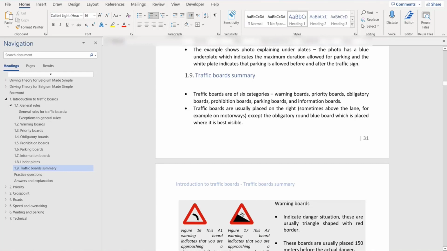Obligatory is a round blue board. Prohibition are round red boards. Parking boards and information boards are rectangle boards, but parking boards will have a big P in it.